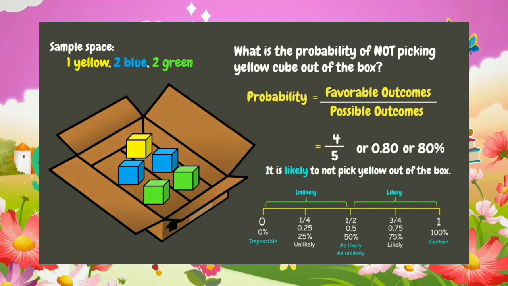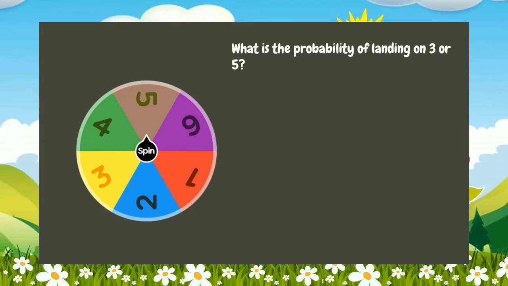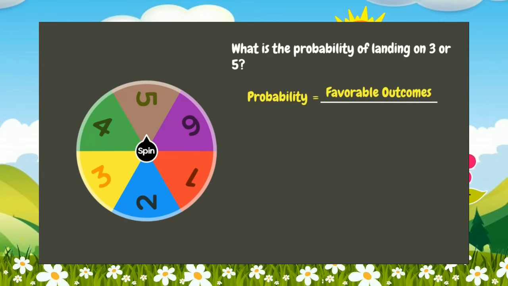1, 2, 3, wonderful. This time, we have a spinner. Spin the wheel. So, what is the probability of landing on 3 or 5? The probability formula is probability equals favorable outcomes divided by possible outcomes. Very good.